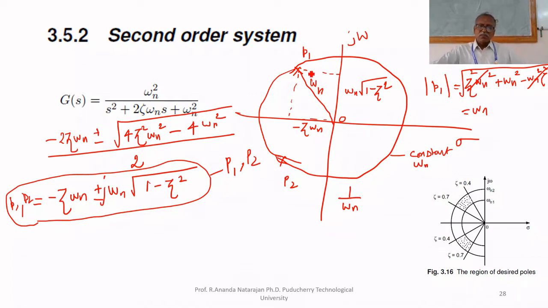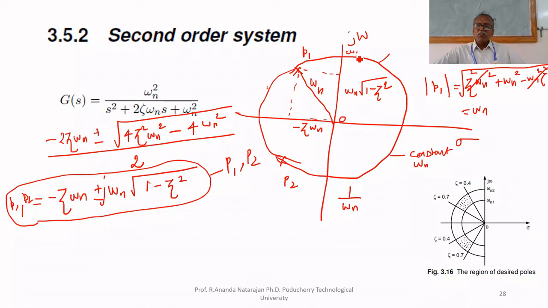Inverse of time constant. So if you select any point, the time constant will be constant along this circular path. Or the circle may be called the constant natural frequency circle. Any pole on the circle has omega n of the same value.